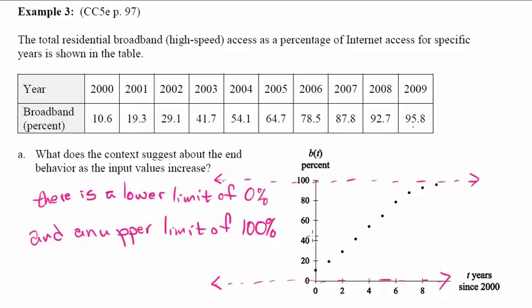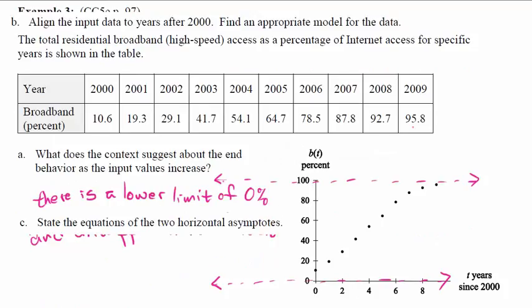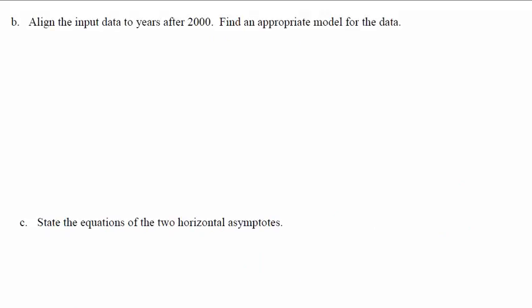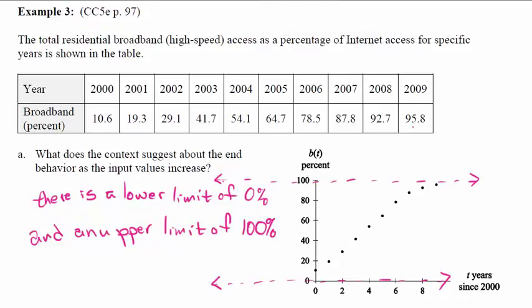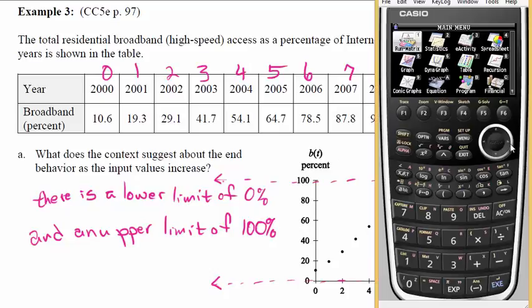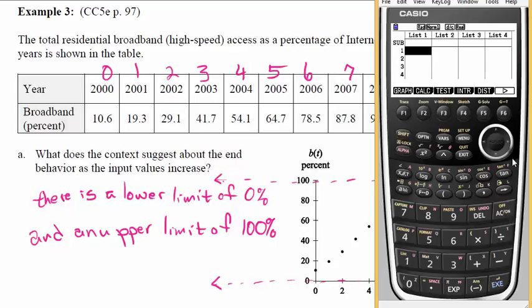Looking ahead, I think we're going to need to align our data to years since 2000. So years since 2000 would be 0, 1, 2, 3, 4, 5, 6, 7, 8, and 9. Go ahead and pause the video if you need to and enter these data into your calculator.